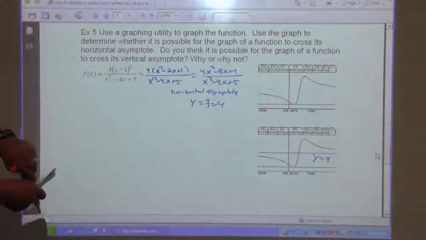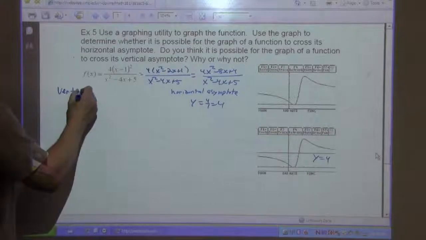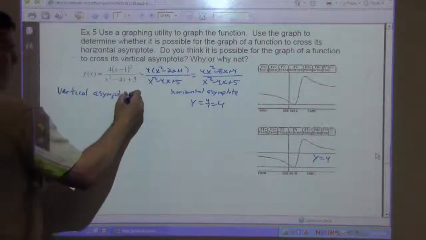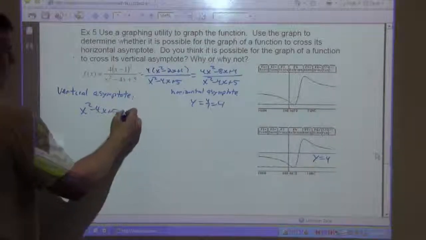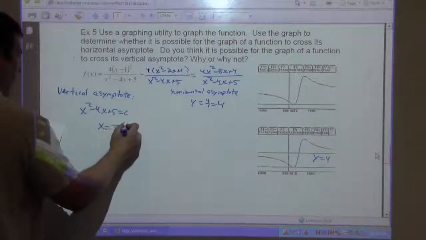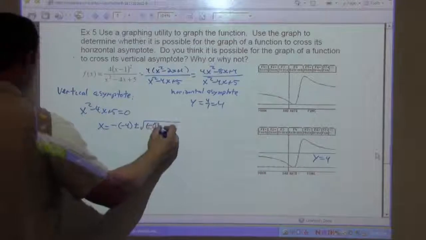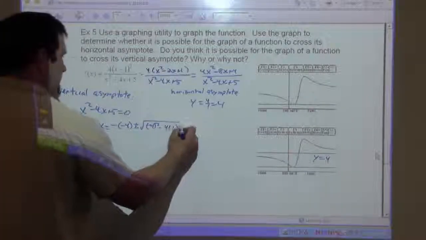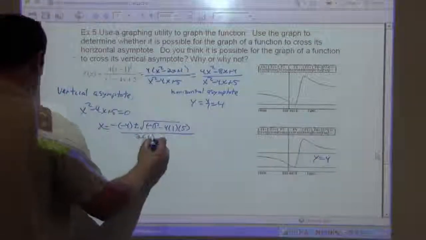Now, if we were to look for the vertical asymptote, that's where x squared minus 4x plus 5 is 0. So we look for x equals the negative of negative 4 plus or minus the square root of negative 4 squared minus 4 times 1 times 5, all over 2 times 1.